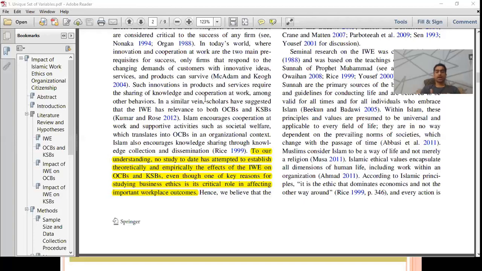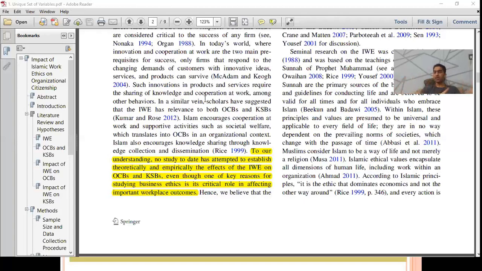It's about anything your organization never explained in your job description, and yet you are doing any behavior which is good for the organization. So Islam again emphasizes such kind of behavior. You should do anything which is good for humanity, for the organization, for the society.